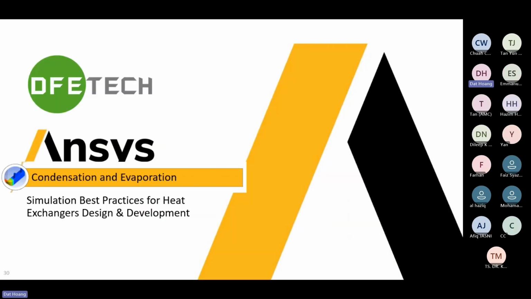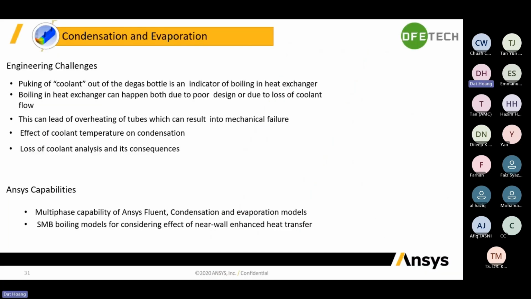Okay. The last one here is condensation and evaporation, which is related to multi-phase flow simulation, with a lot of complex physics, which is boiling and condensation. This will affect, I'll say, significantly the performance of the heat exchanger.